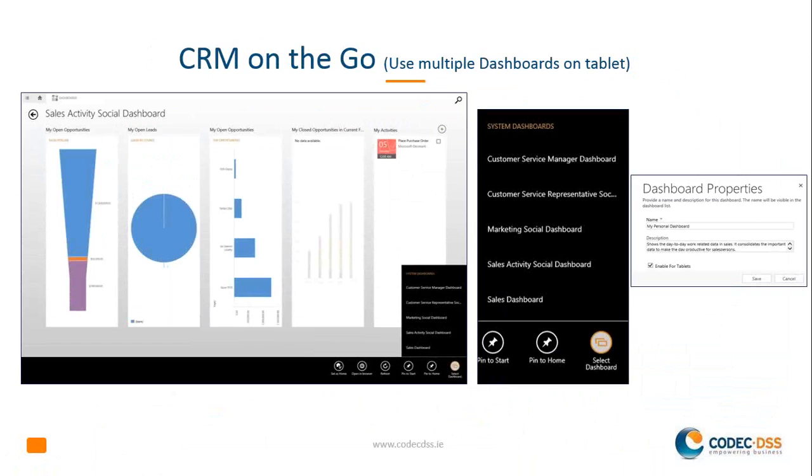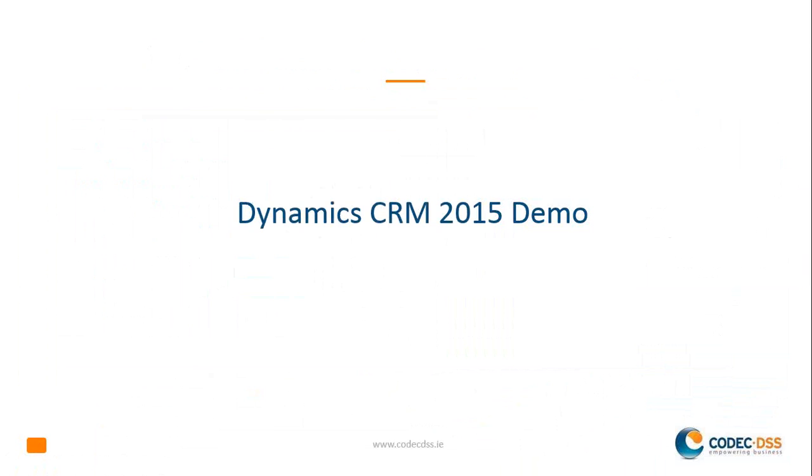The CRM mobile application and tablet application are moving towards being more user friendly, to organize your data and to work easily with the system on the go, because we all know that on the go you need less functionality, but you're more productive if you have just the major features you have to work with, so you won't get lost in the system, and you can focus on what you have to do on the go.